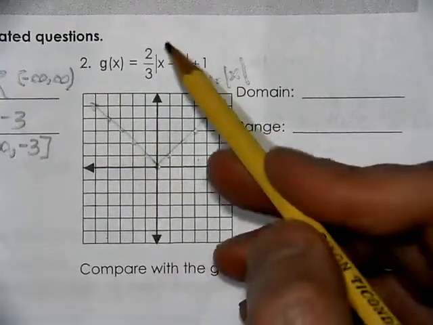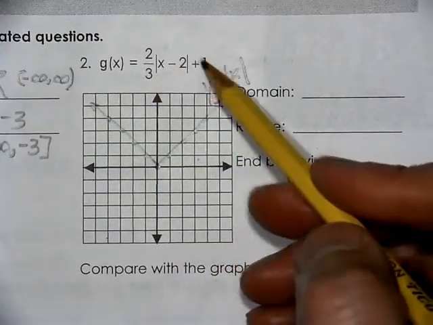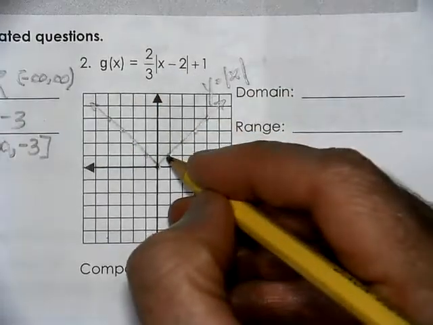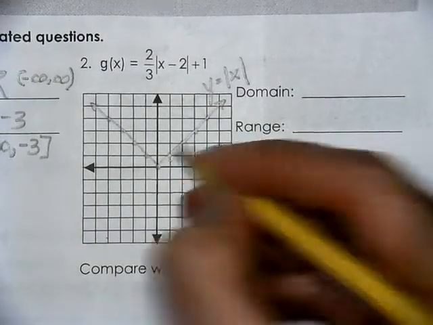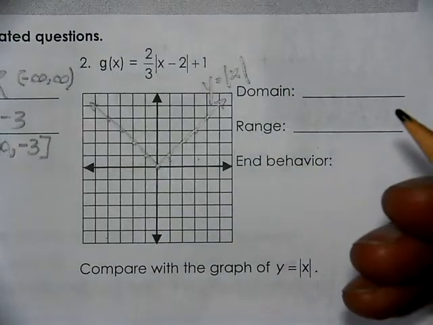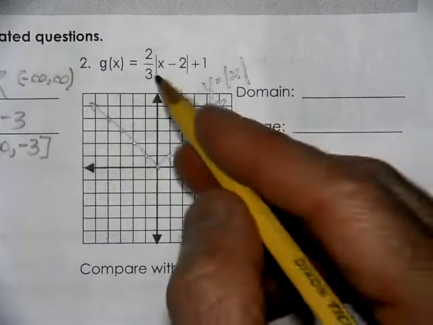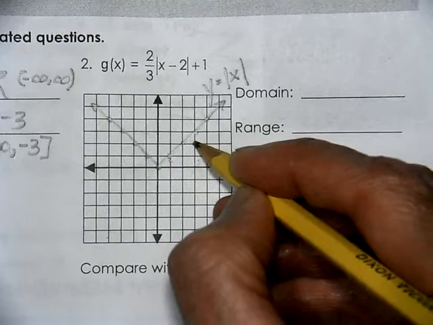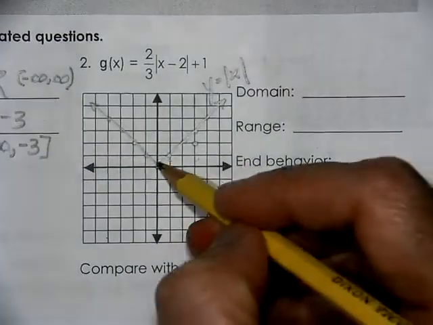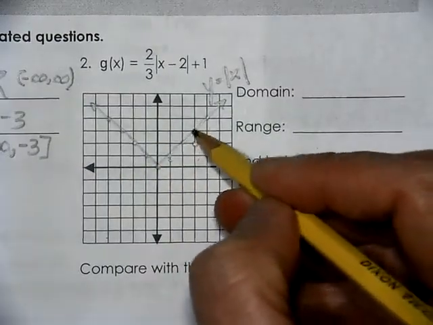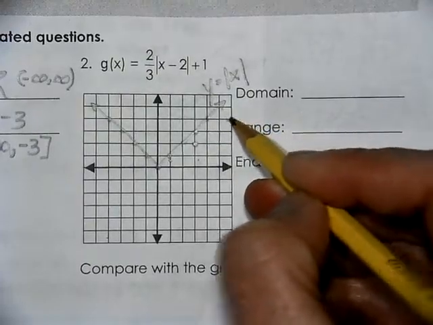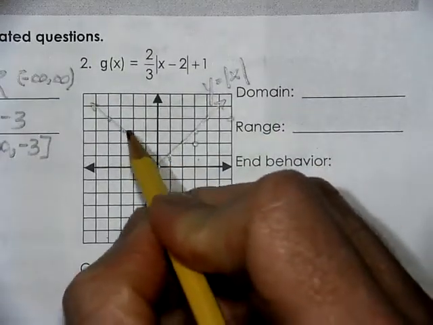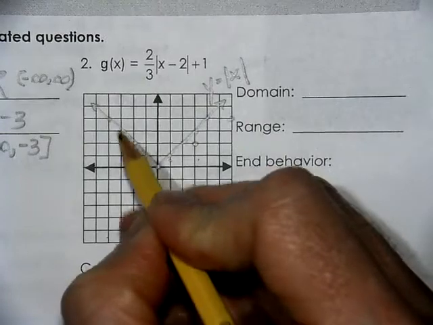So we take our parent function. Now we're going to do 2/3. Well, 2/3 of 1 is almost like 0.6. The easy one here will be at 3. 2/3 of that is the 2. And we have the same thing going in the other direction.